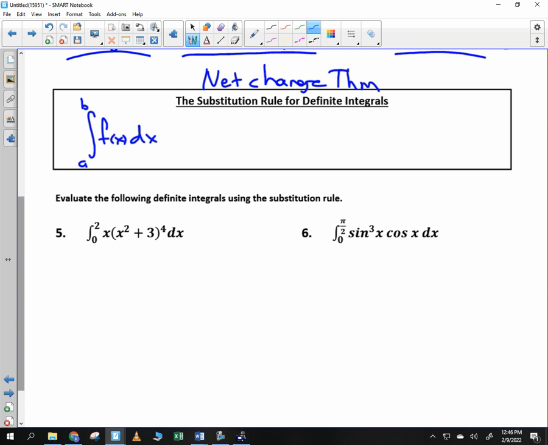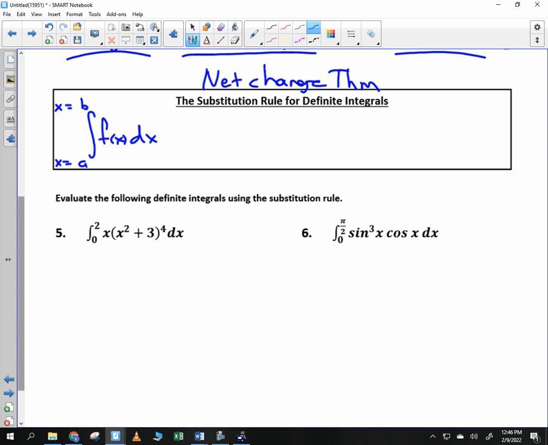But it turns out that if you substitute something in, so instead of x, suppose we change the variable to u, I'm going to write x equals b and x equals a. Those are always x values. We bound them from left to right on your calculator. These are always x values.